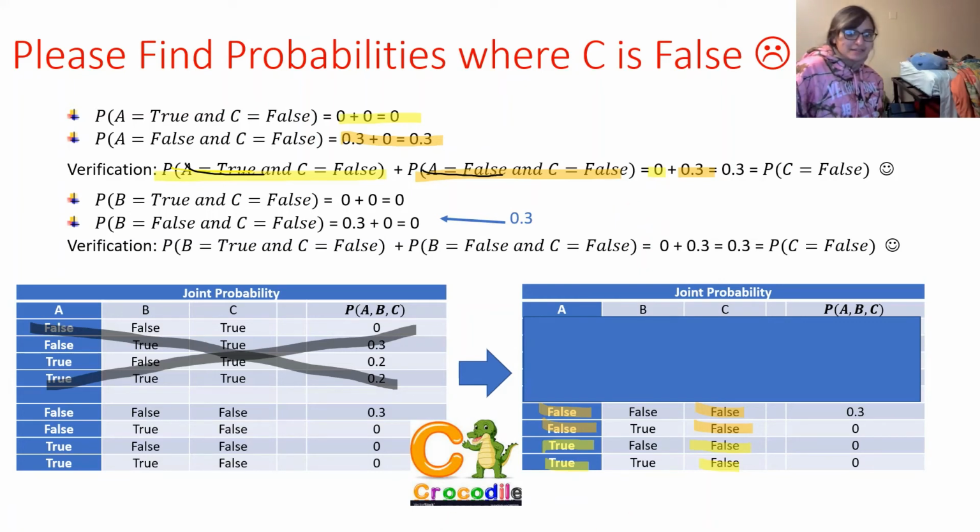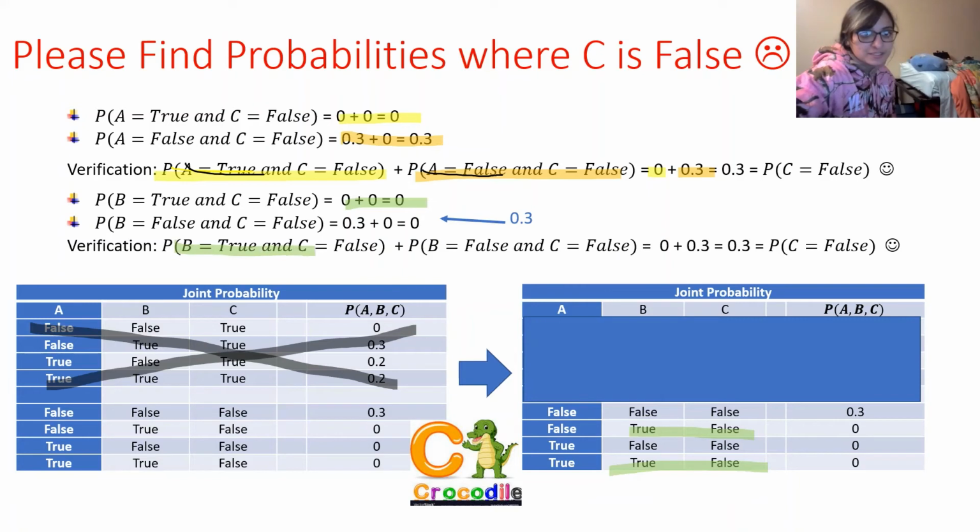So similarly, we're also going to focus on the B part of it, and we're going to see the probability that B is true and C is false. So B is true and C is false, and B is true and C is false. That's just going to be equal to 0 plus 0, which is 0.